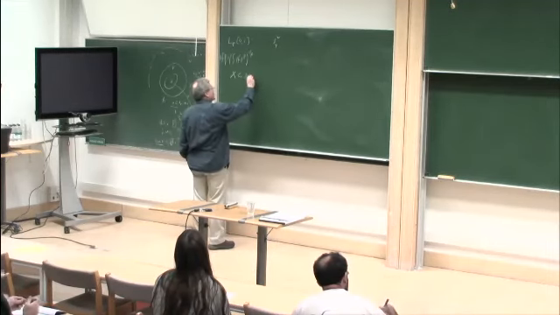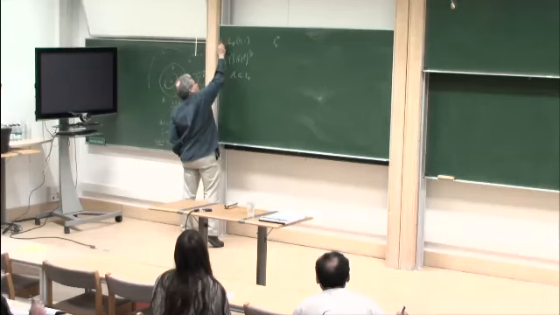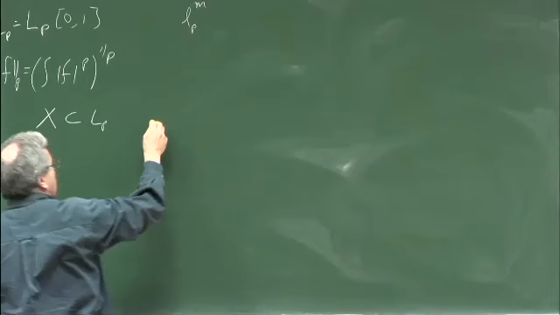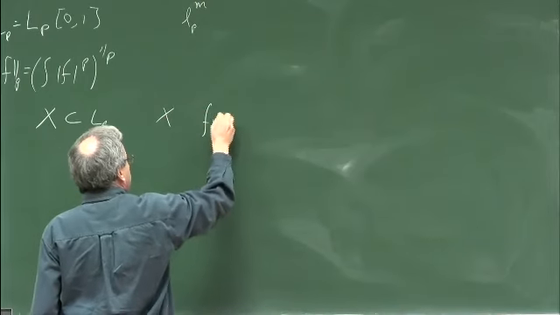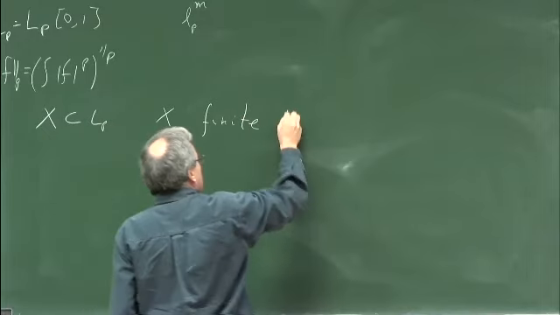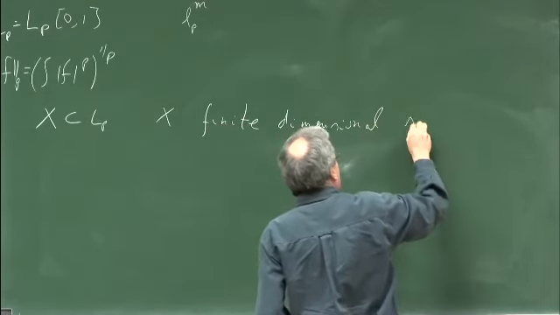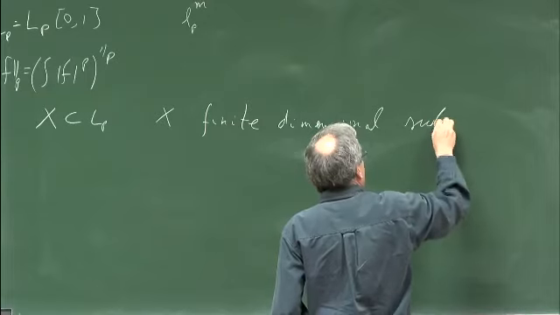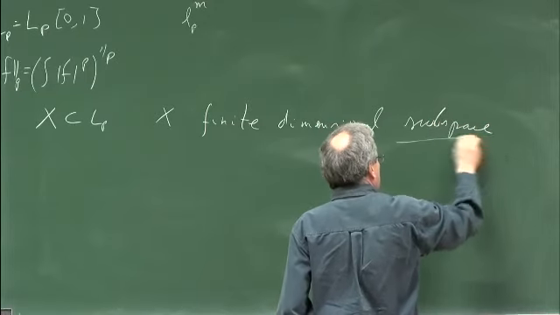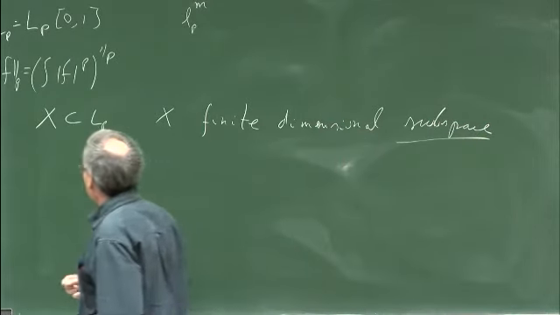So this has been denoted by LP. X is a finite dimensional subspace. So the main object is a subspace, not a subset or anything.